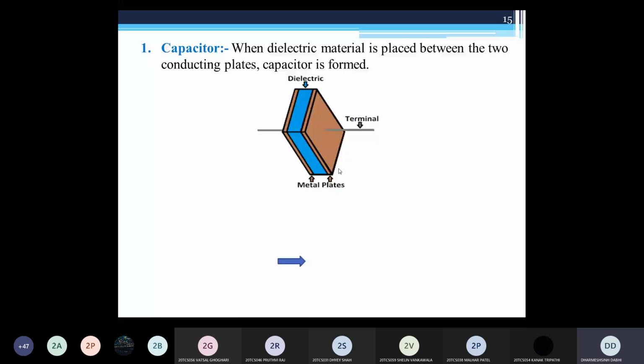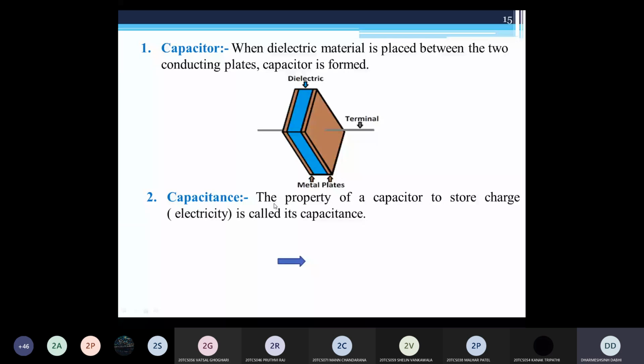Q equals CV. What is the name of the term which we generally use to measure the capacity of the capacitor? Capacitance. Yes, capacitance. So capacitance is nothing but the property of the capacitor to store charge.